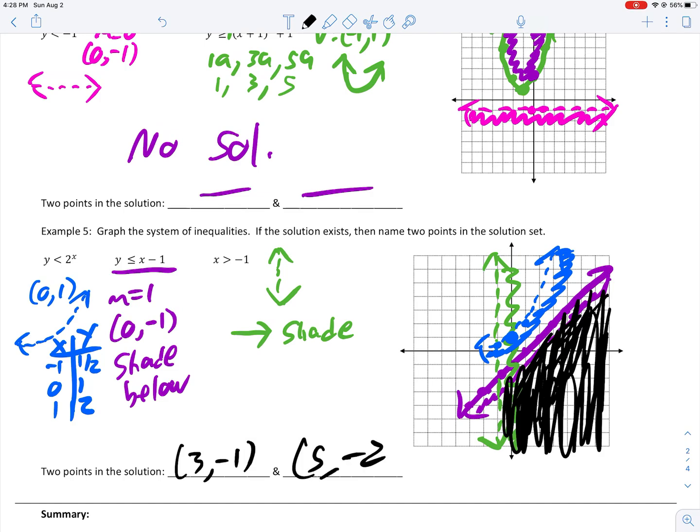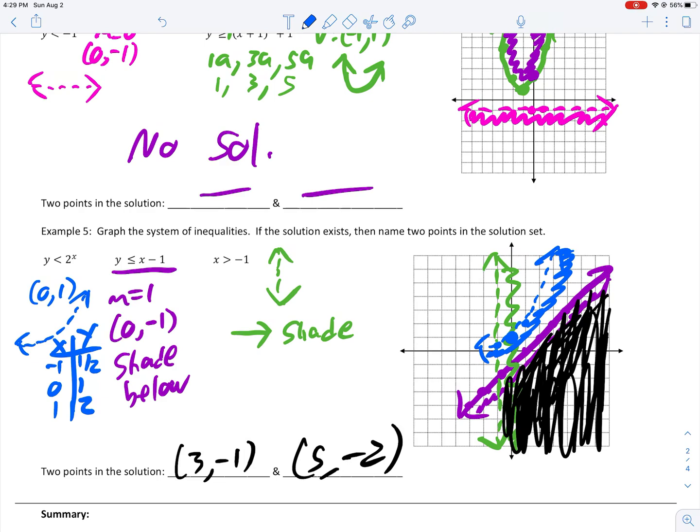So I don't know, let's say 3, -1, and 5, -2. Any of those would be a solution. Anything in the black region is a solution. Again, understanding that this blue keeps going on forever. It'll eventually cover that whole area.